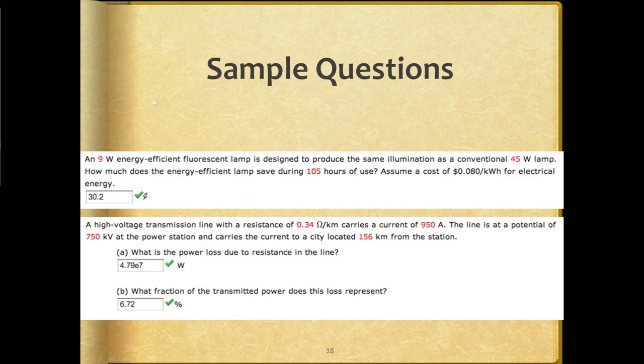Namely, in this case, 45 minus 9 is an increase of 36 watts. So 36 watts converted to kilowatts times 105 hours times 0.08 dollars per kilowatt hour would give you a total difference of 30 cents.